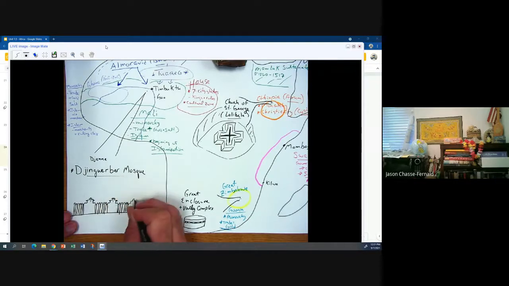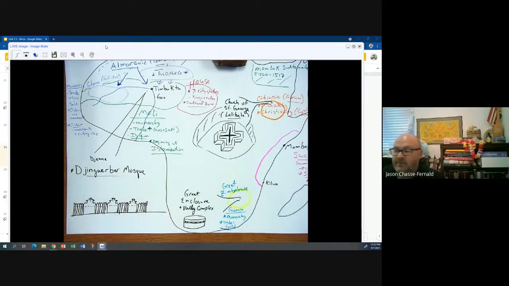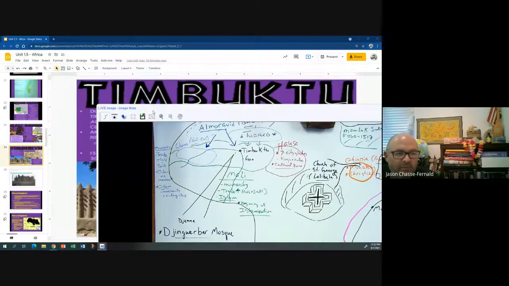It's page 25. And then we can draw that all the way across as well. You can continue this as long as you want, but at this point, I generally say you get the idea. So the Djenna Mosque.